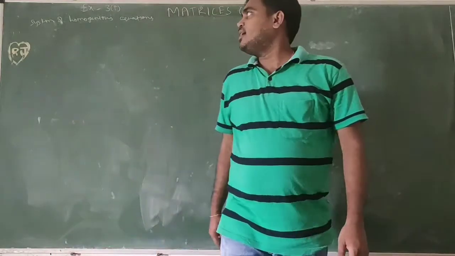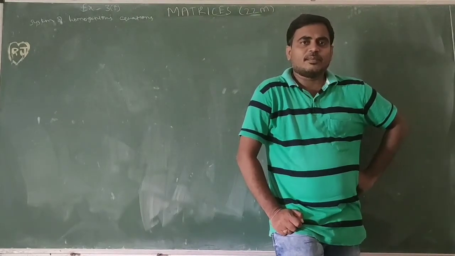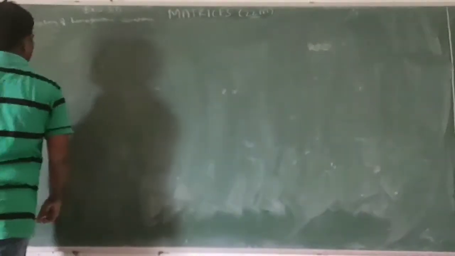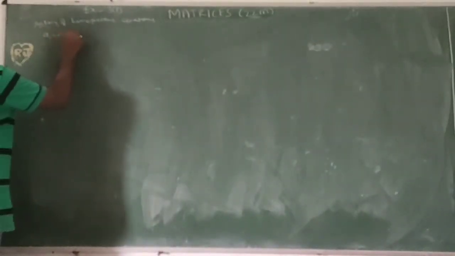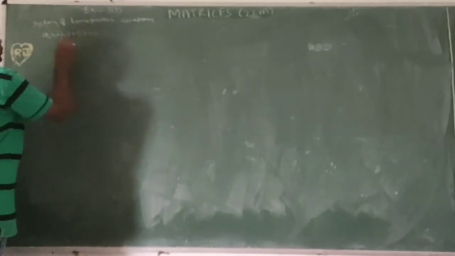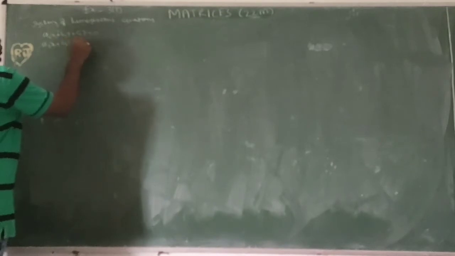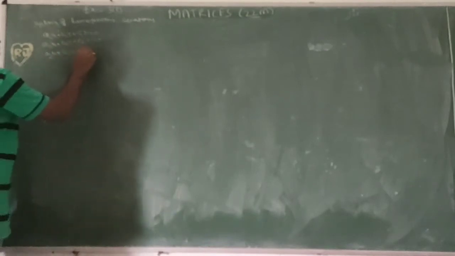Exercise 3i related information: homogeneous system of equations. So the system of equations is in the form a1x plus b1y plus c1z equal to 0, a2x plus b2y plus c2z equal to 0, a3x plus b3y plus c3z equal to 0.